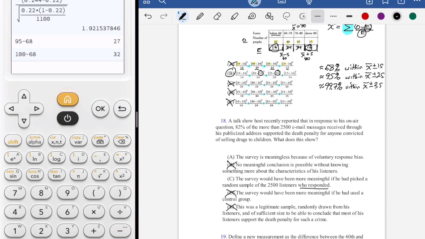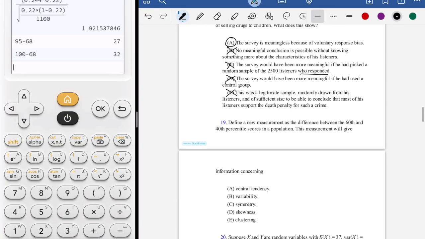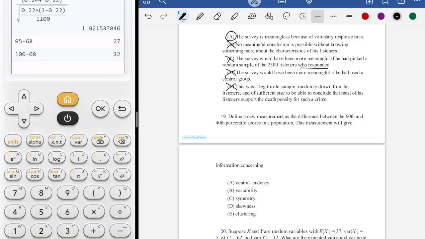And so even if he randomly selected from the 2,500, they still took the initiative to respond to the question in some way. So I would get rid of that and go with A and just say voluntary response sample equals bad.